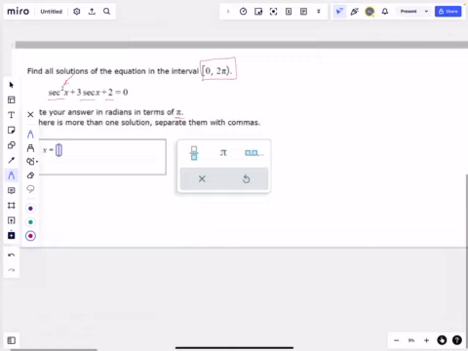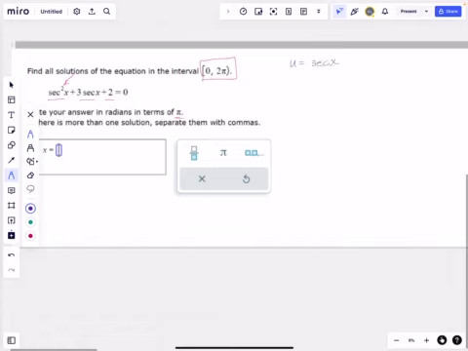That's pretty normal. Okay, so let's think about this like a quadratic. We could actually make a substitution. Let u equal secant of x.